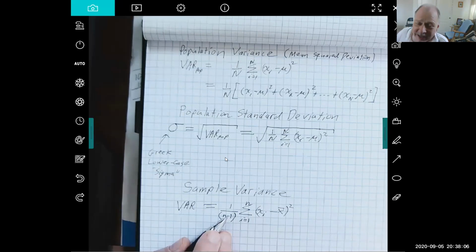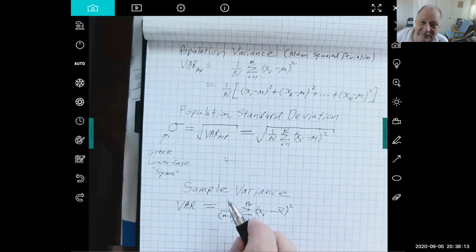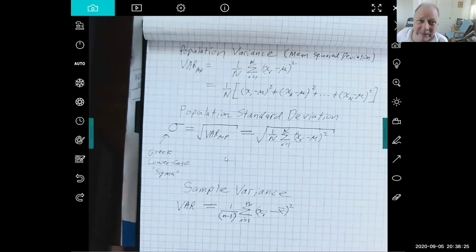If you divide by n minus 1, instead of the n, then you have an unbiased estimator. You divide by a little bit less, so it makes this a little bit bigger, and it turns out to be just enough bigger so that on average, if you consider all possible samples, the average sample variance is the same as the population variance over all possible samples.